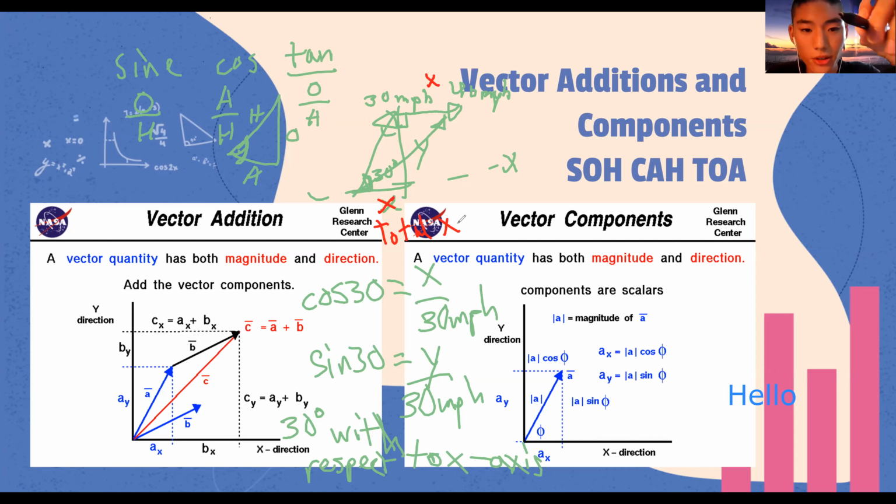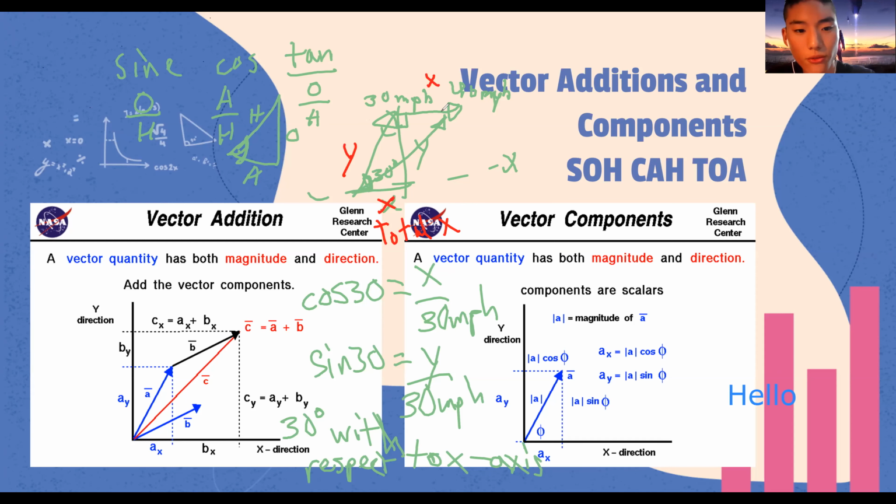Okay? After you find your total x, you then find your y. So you take the y component of your first 30 miles per hour vector, you add that with the y component of your second vector, which is basically 0, because it's 90 degrees. It's not going up or down. It's just going horizontally right.